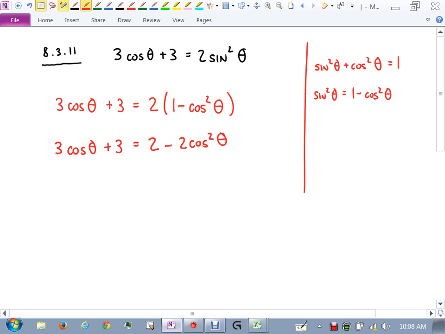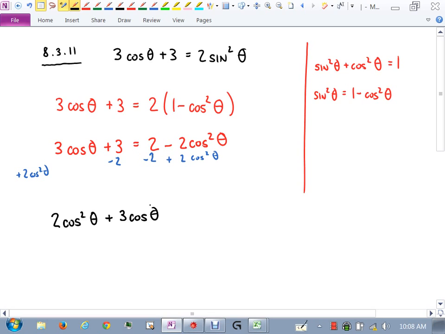Move everything to one side because it's quadratic, right? So what I'm going to do is add the 2 cosine squared theta to both sides. I'm going to subtract 2 on both sides. And that will give me my new equation, which will read 2 cosine squared theta plus 3 cosine theta.